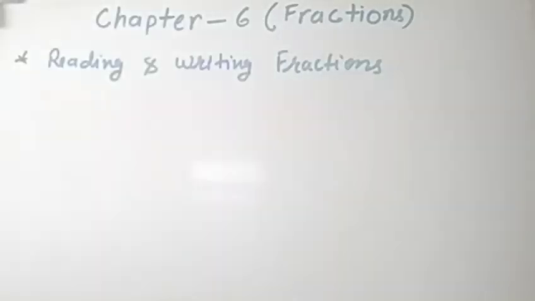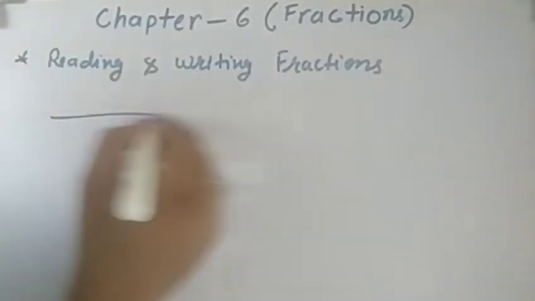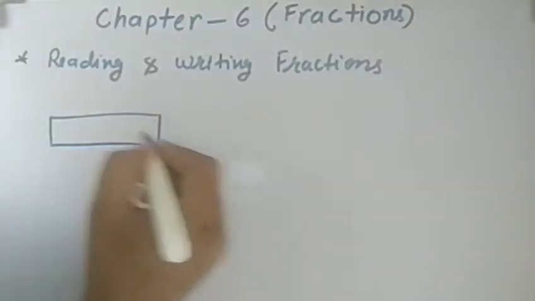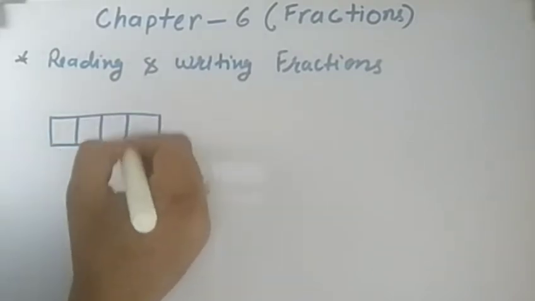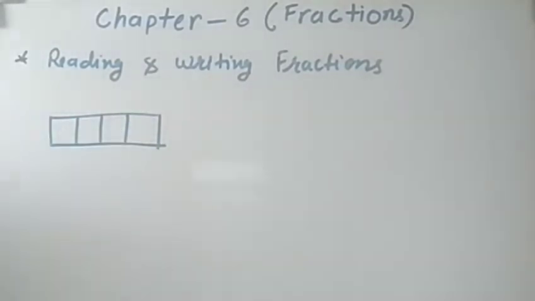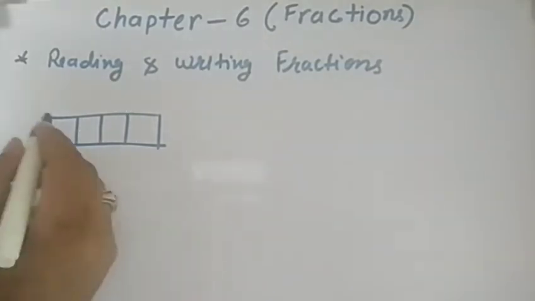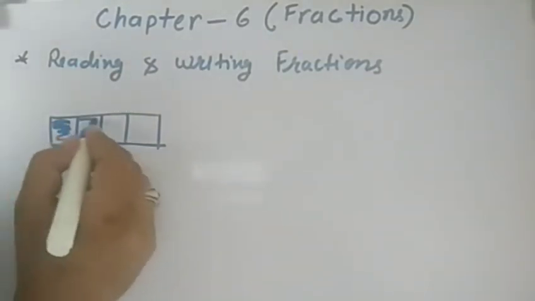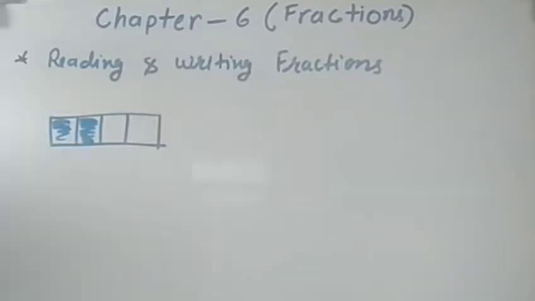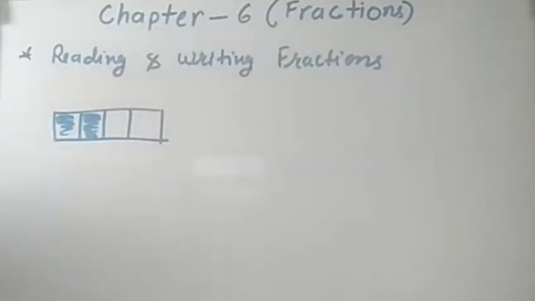For example, 1, 2, 3, 4. In this figure, total equal parts are 4 and 2 parts out of 4 are shaded. So how will we read and write this fraction of shaded parts? We already know how we can write the fraction.